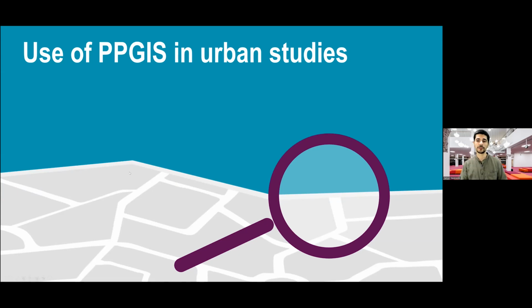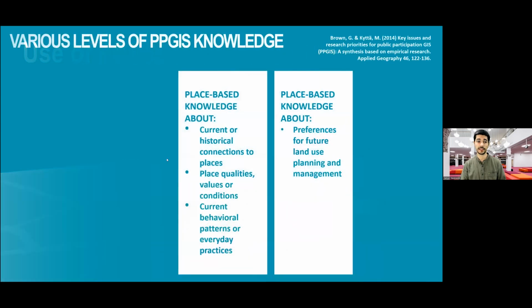I don't cover the details, obviously, because there isn't enough time, but the idea is to give you an overview of what can be done with PPGIS. If you are interested in learning more, you can refer to the papers I introduce here, or get in touch with me later and we can talk more about this research.